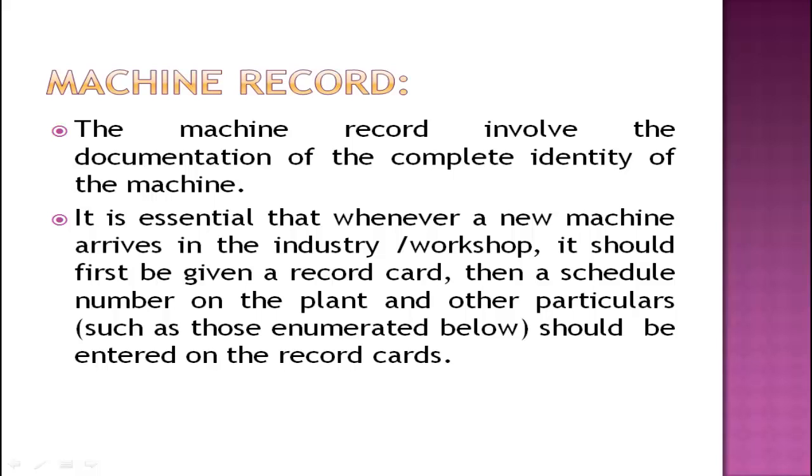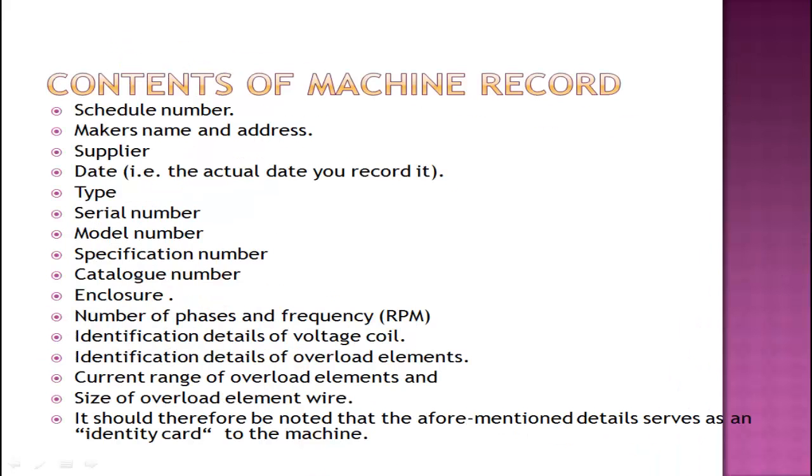What is that information? First, we need to identify the schedule number of that particular machine. Who are the makers? That is the maker's name and address. Then who supplied this particular machine? Then what is the date that the machine was supplied, and the date that the record is being carried out. Then the type of the machine, the serial number, the model number, the specification number, the catalog number, the type of enclosure for this machine.